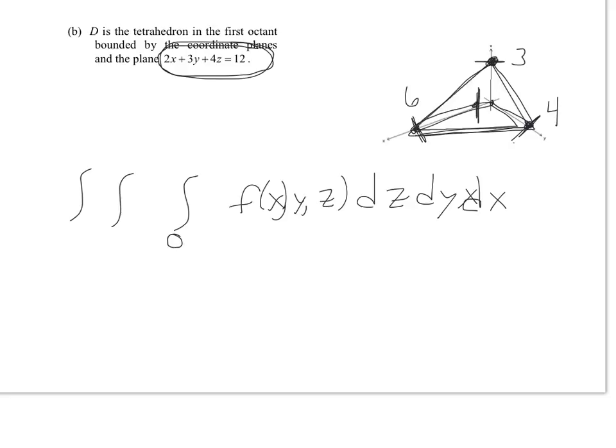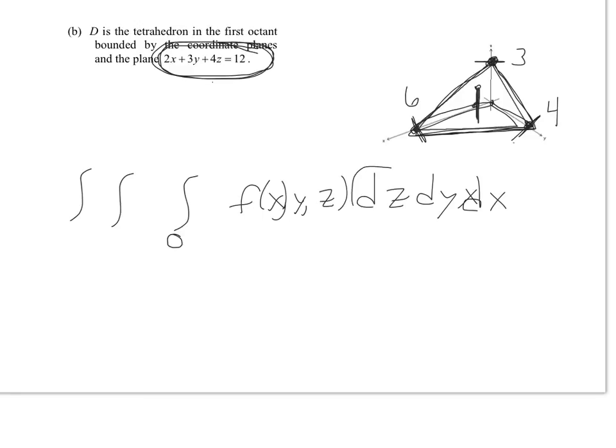As that line segment moves upward, it bumps into this triangle, which is a portion of this plane, and this plane has the equation 2x plus 3y plus 4z equals 12.